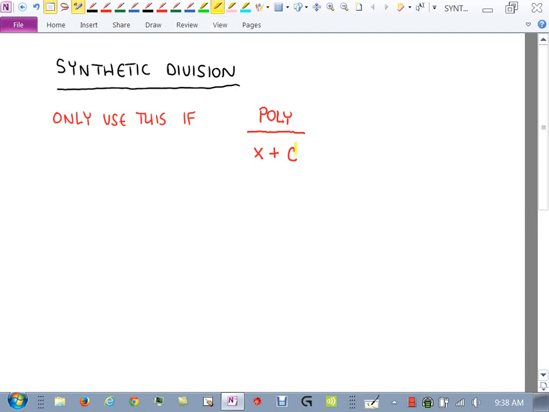So the key here is that the denominator must be a binomial, and it also has to be degree 1.